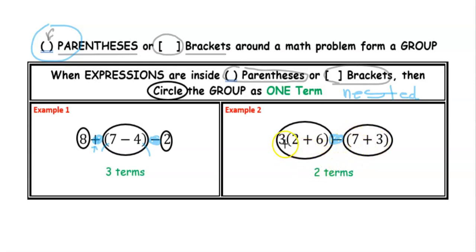So we have 3 times the quantity 2 plus 6. This is one term. And then 7 plus 3, this is one term. So there are only 2 terms in this expression: 1 minus sign outside those parentheses, and then 2 terms. So it looks complicated, but if we identify the terms, simplifying it is going to be a lot easier in a little bit.